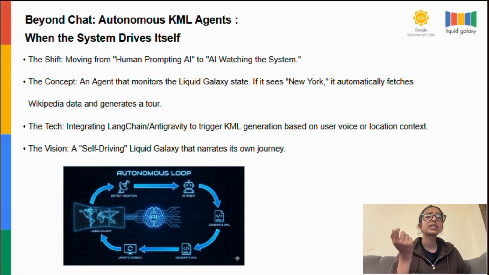So technically this means connecting context, location, voice input, system state to KML generation, and the long-term idea is a Liquid Galaxy that doesn't just wait for instructions but actively drives the experience, a system that can narrate its own journey.